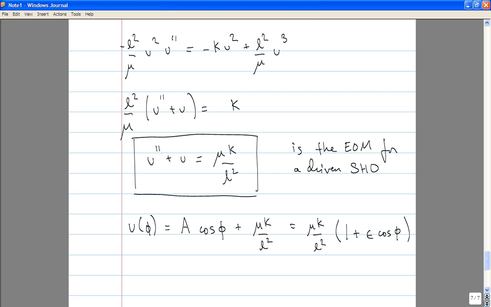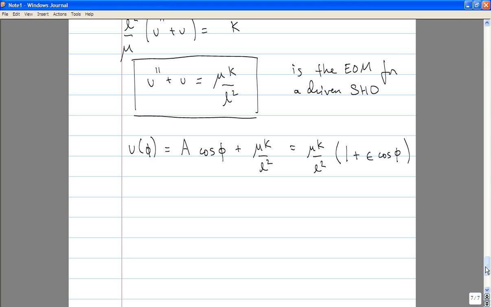Now, u, let's remember, was 1 over r as a function of phi. So this equation is just an equation for r as a function of phi. Let me just multiply both sides of this equation by r. So r of phi times 1 plus epsilon cosine phi is equal to L squared over mu times k.